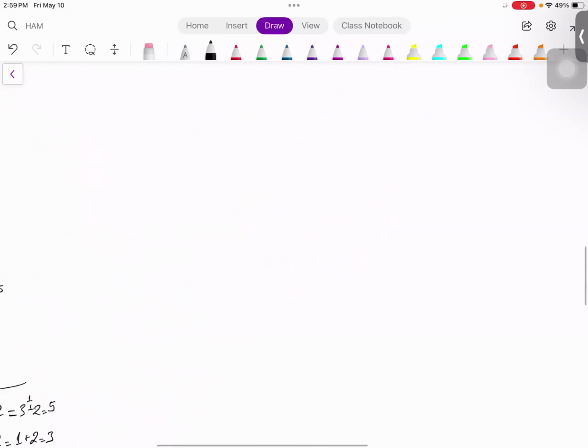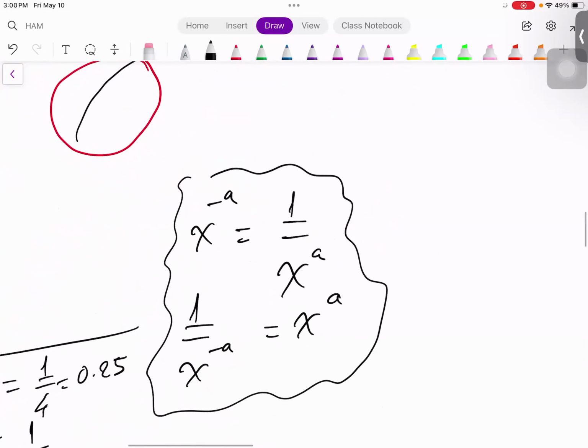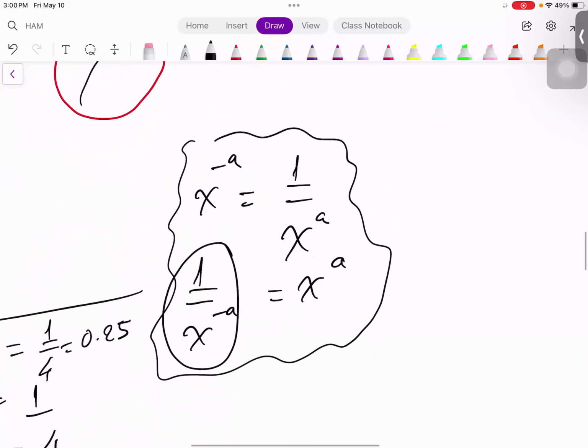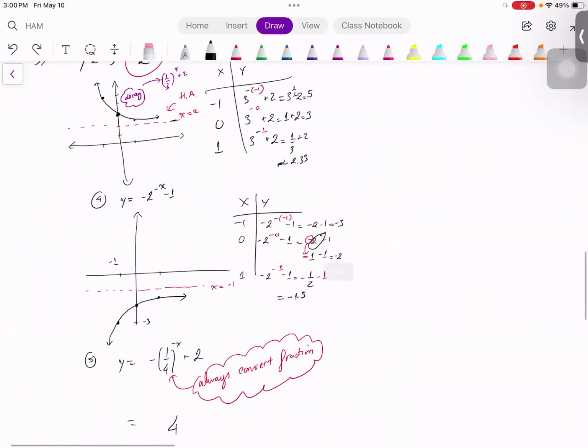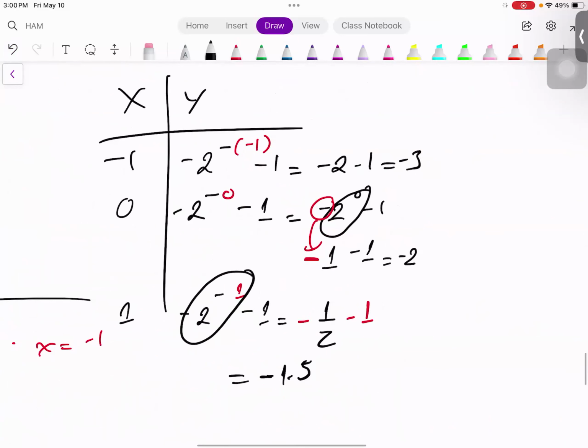Do you remember the rule we just talked about here? If you have the fraction already and you want to change it, then you just change the negative to positive or the positive to negative to flip the sign. So similar to the one that we just talked about, -1. So 2 to -1 is 1/2. Do you agree? We just talked about it.